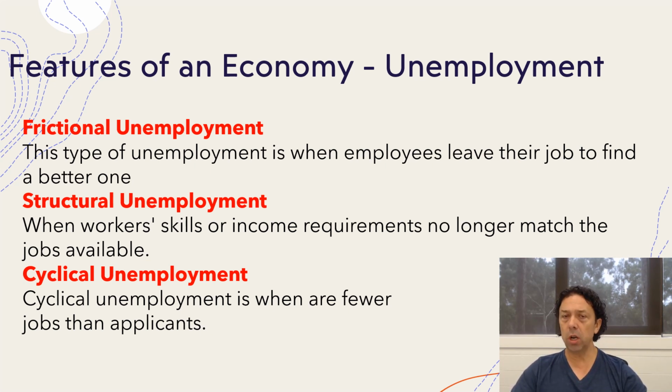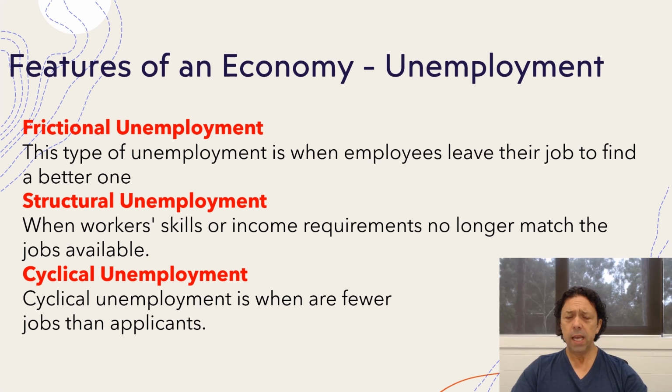Then we have structural unemployment, where requirements no longer exist in the marketplace for the type of products or services that the organization offers. So consumers simply turn to another better disruptive innovation that has entered the marketplace, and the workforce becomes obsolete. We've seen that, for example, with Kodak ignoring the changes in the film industry.